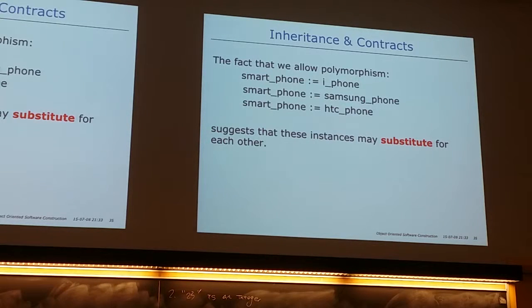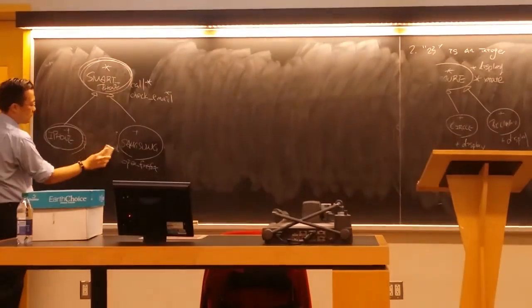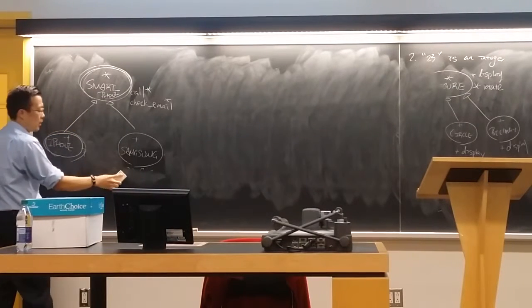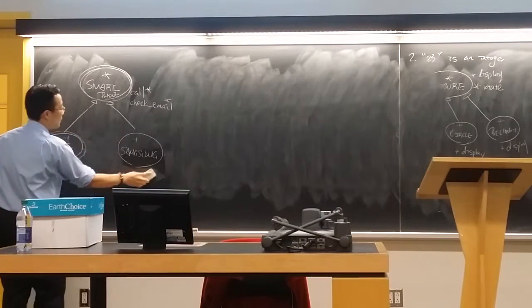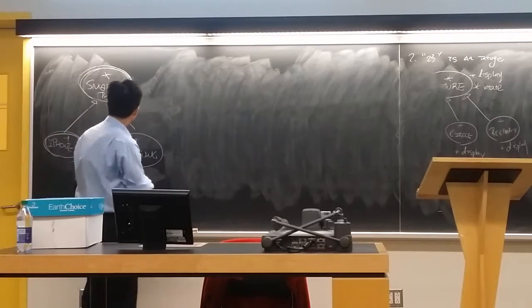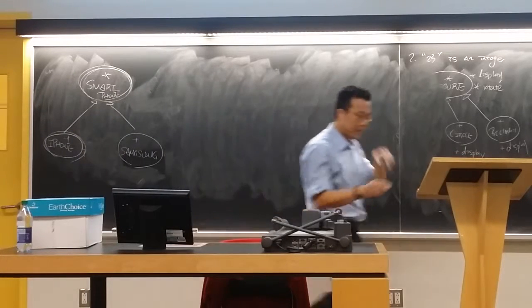Let me just erase the features here. I want to keep the classes the same. You may want to redraw them if you want. Okay, let's say we have smartphone, we have Samsung and iPhone.